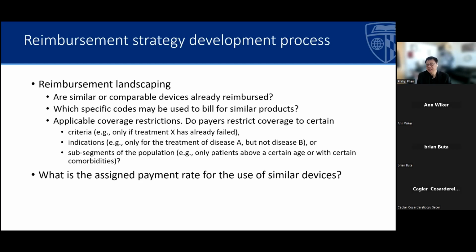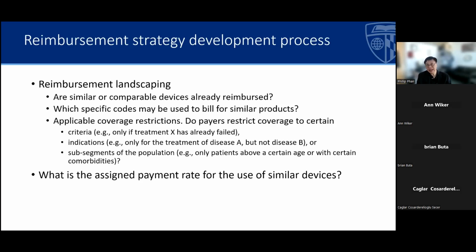But the point is that you have to be very, very clear about what is actually being covered, and there are very specific dimensions that are listed. So when you design your product, make sure that it falls within these coverage domains. And then, of course, the second big piece of developing your reimbursement strategy is to understand the assigned payment rate.